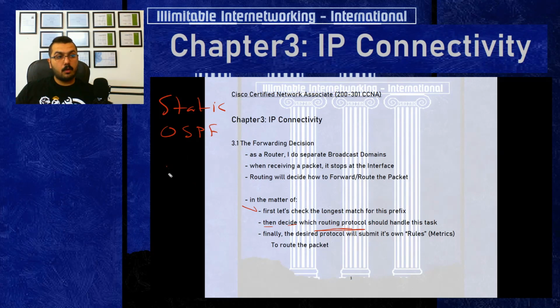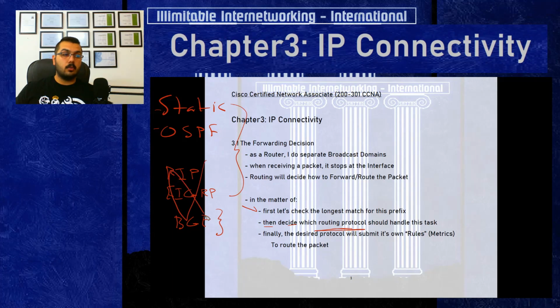In the past, in the previous CCNA, there was static, OSPF, RIP, EIGRP. These are inside your network, and outside of your network there was BGP. So there were 5, now only 2 are left.